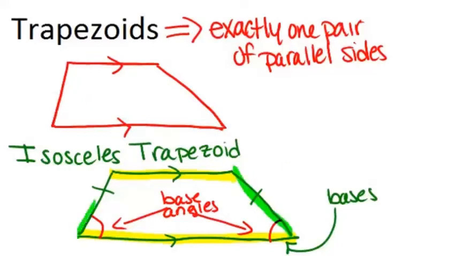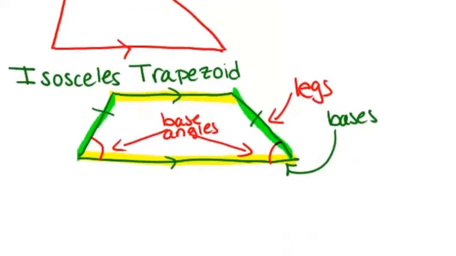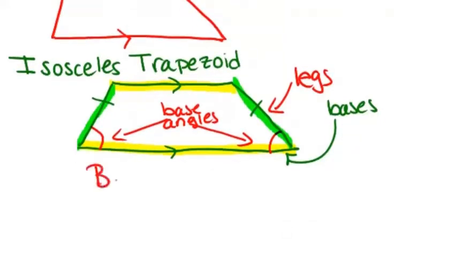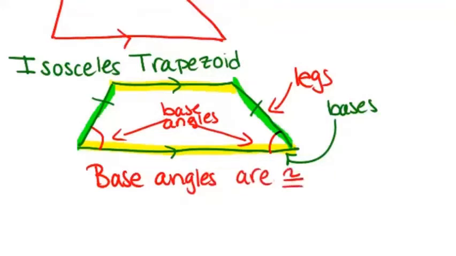So these two sides are the legs. In an isosceles trapezoid, the base angles will always be congruent. Also, the diagonals, if you were to draw those in, will also be congruent. So this diagonal is the same length as this diagonal.